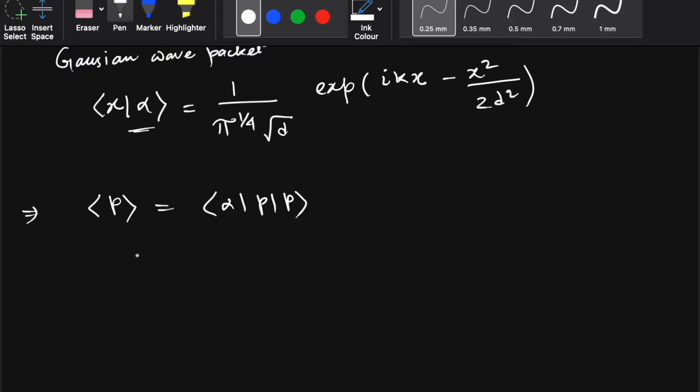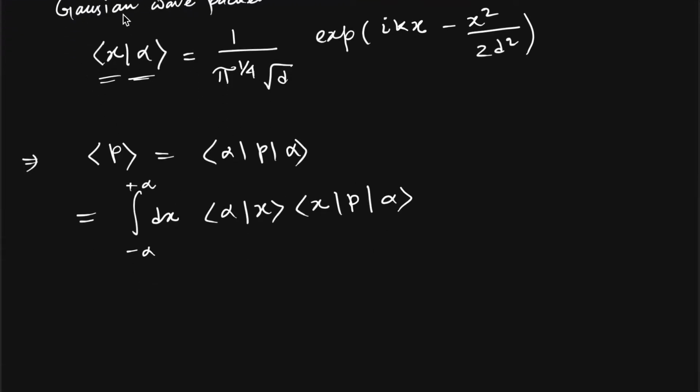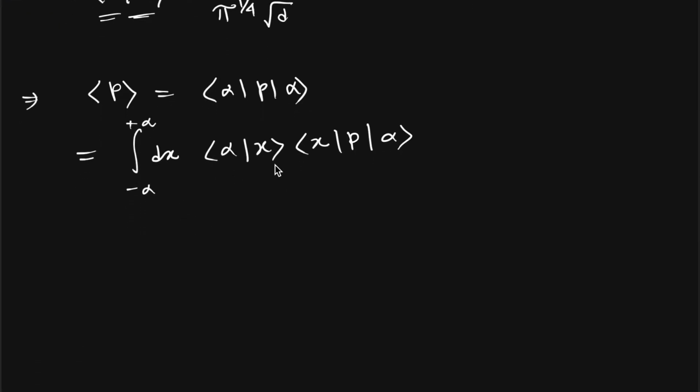Now let us use the completeness relation of these position kets, that will be integral from minus infinity to plus infinity dx <alpha|x><x|p|alpha>.